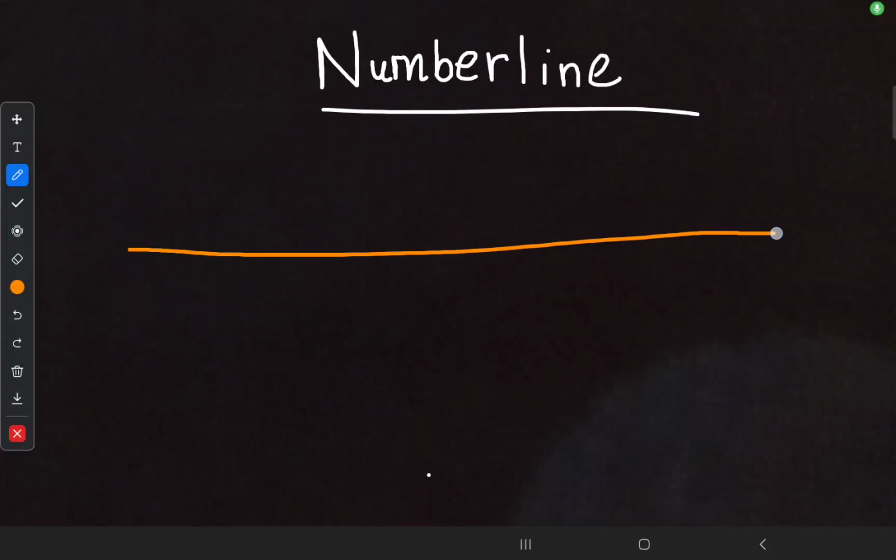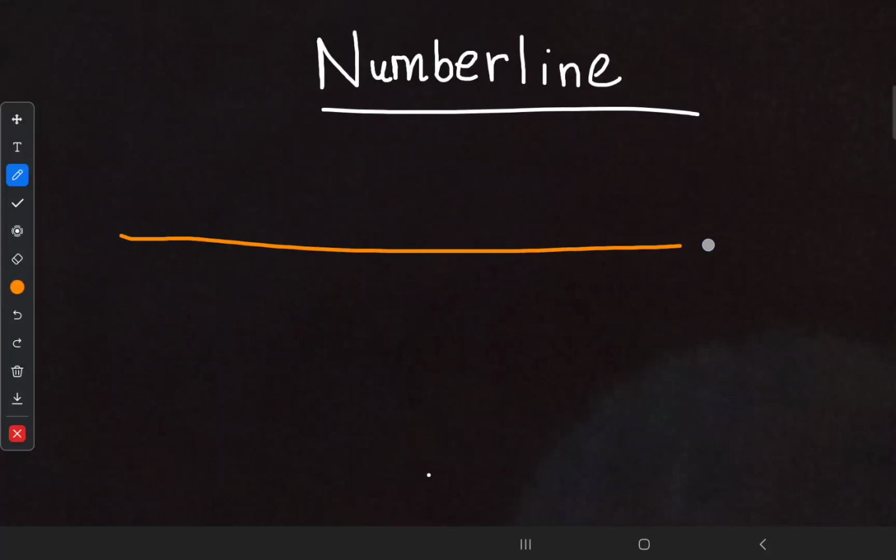On the number line, in the right side corner, we have an arrow mark pointing towards the right. In the middle of the number line we have our 0 digit. With respect to 0's right side we have our positive values: 1, 2, 3, 4.